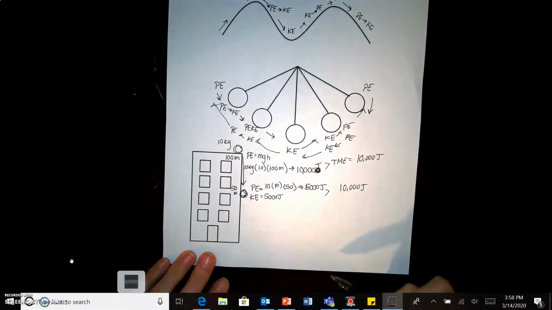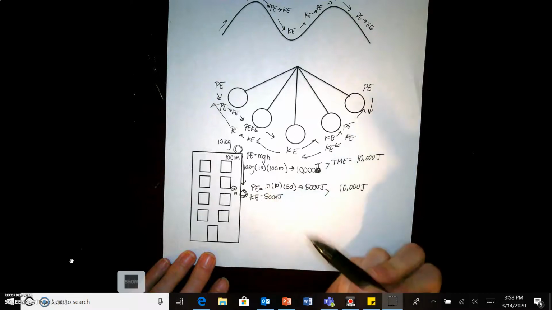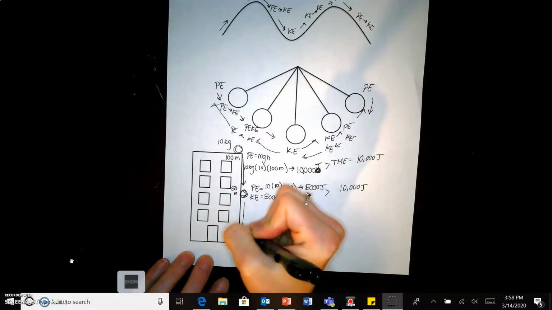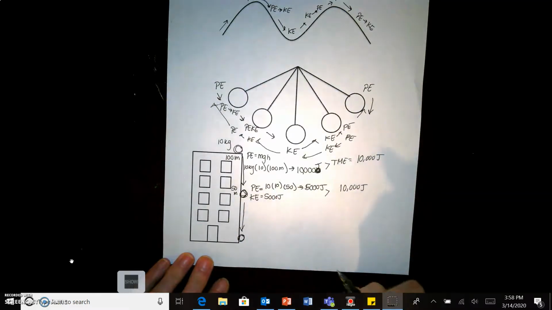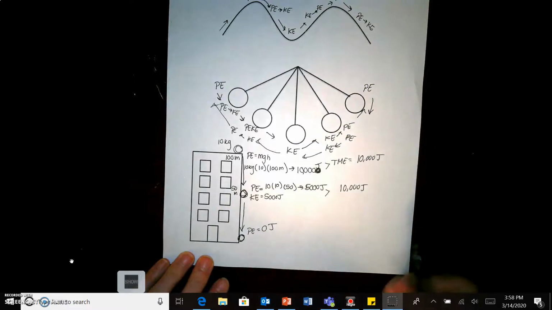So as this ball is falling, it's turning its potential energy into kinetic energy. As this ball is falling all the way down, and let's say it's about to hit that ground, that potential energy is going to be 0 joules. There is no more potential for that ball to get.